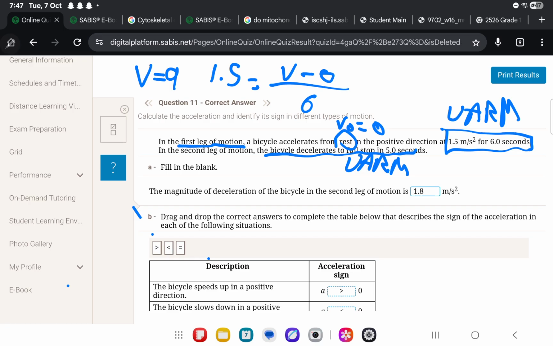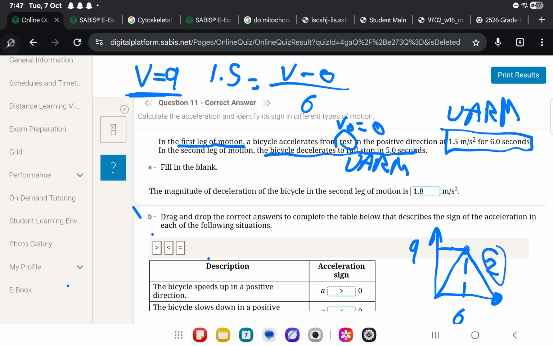Now, this 9 is actually our initial velocity in the second phase of motion. Why? Look, it goes up and then it goes down. At this point, this was 9 meters per second, right? We found that from our calculation. And this is at 6 seconds, right? So then at this point, it starts switching to phase 2, and this was the velocity it was traveling at, and then it ended up going to rest, right?